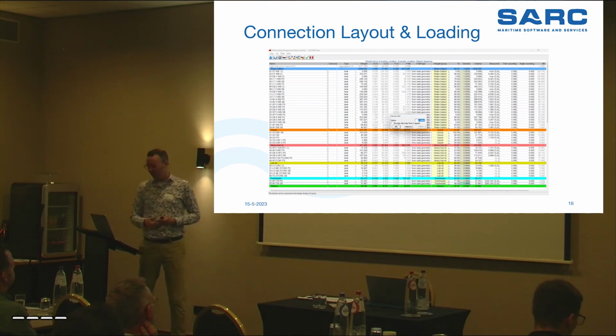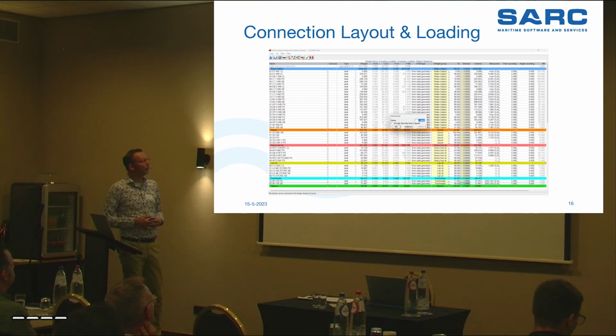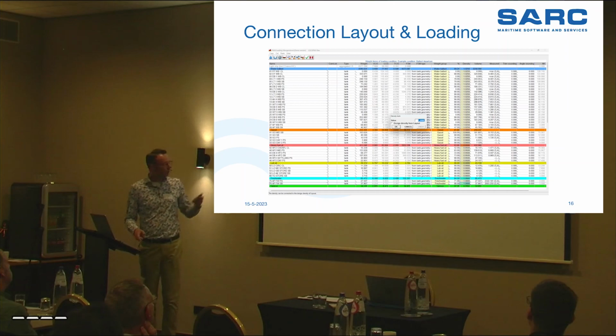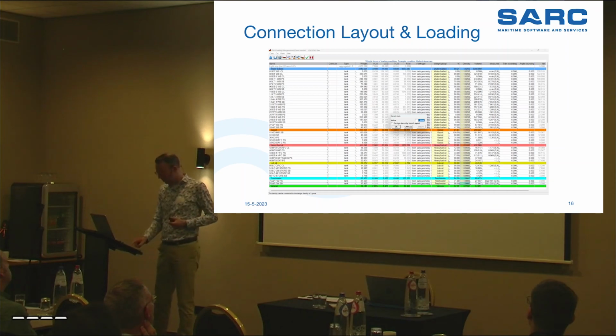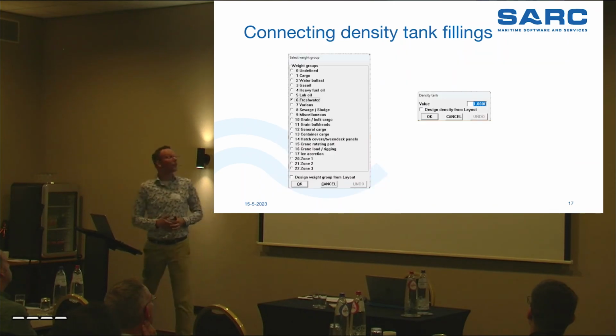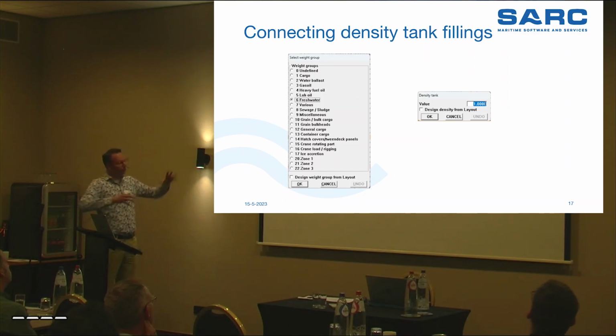And the same can be done for the density. And because the beamer is not that clear, here is also a little bit larger example of how these windows look like.